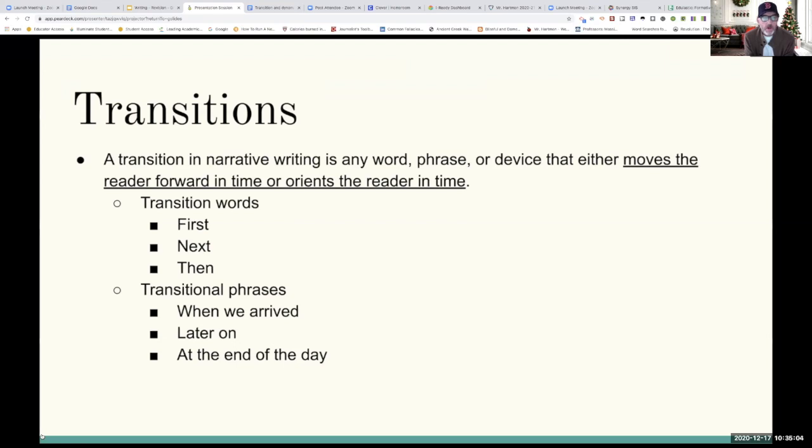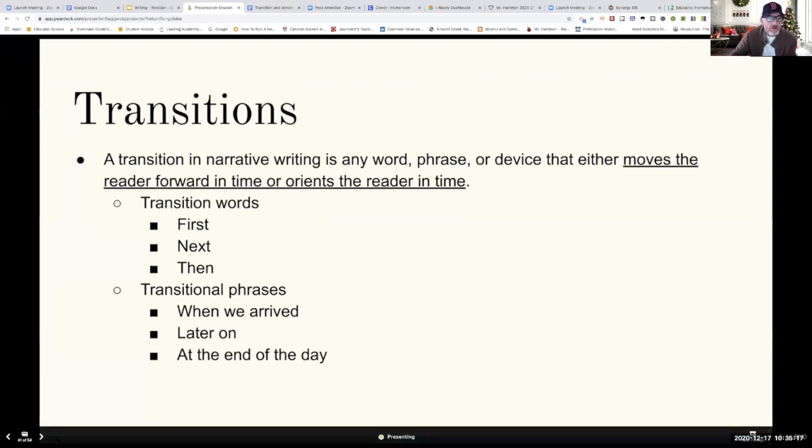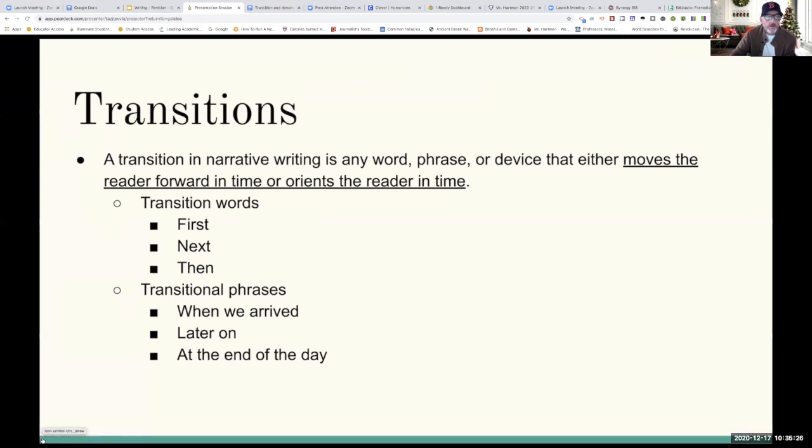When we talk about transitions, the simplest, most basic, the thing we're most familiar with are transition words like first, next, then. And then we have transitional phrases like when we arrived, later on, at the end of the day, etc. Those are the words and phrases we're probably most familiar with.